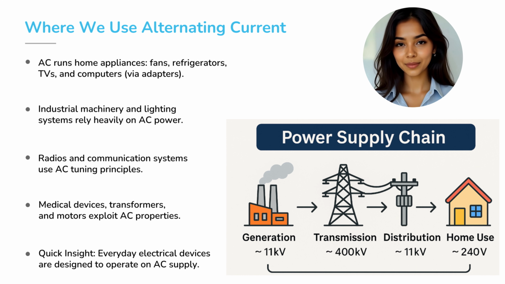All of this is made possible only because of the flexibility of AC. So, in short, AC is not just the electricity that lights your bulb, it's the backbone of modern civilization.